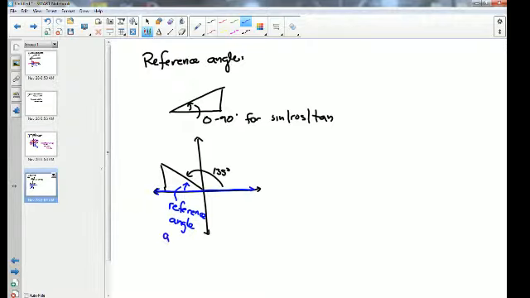It's the acute angle formed with the x-axis. So what is that reference angle there? 45 degrees. Yeah, 180 minus 135, right?